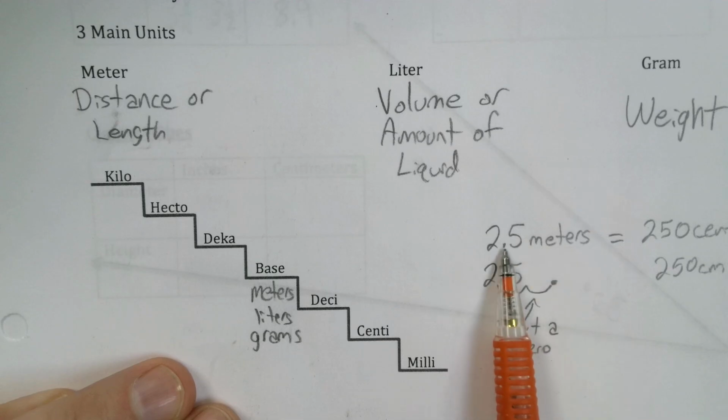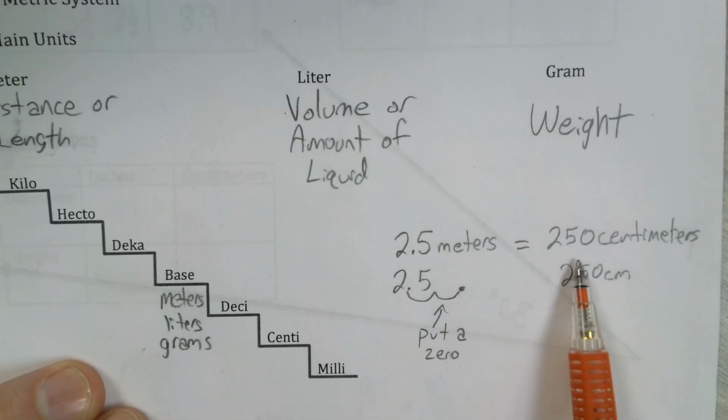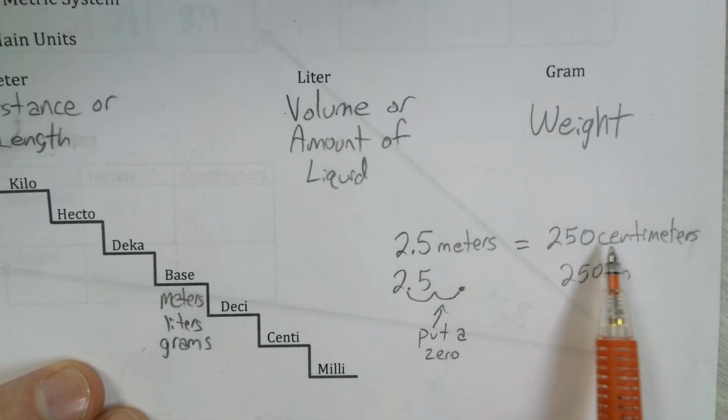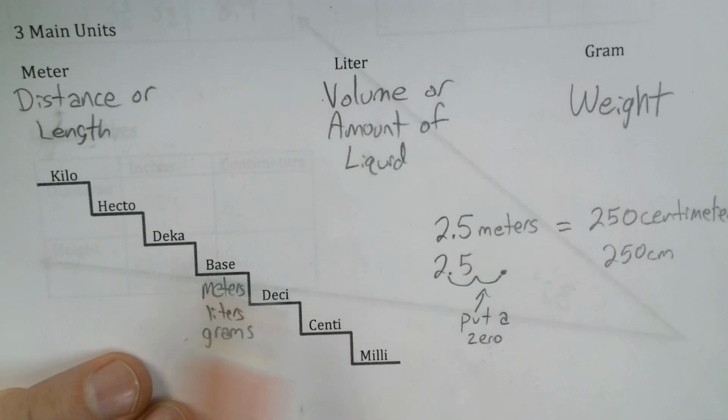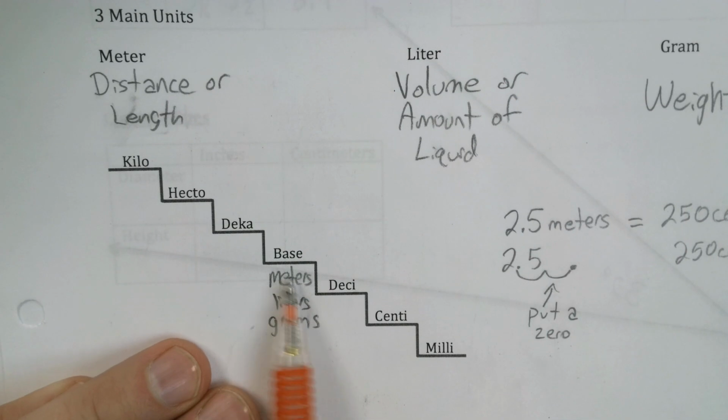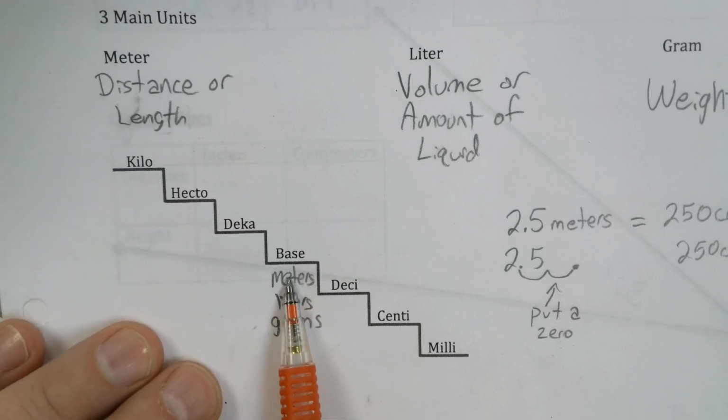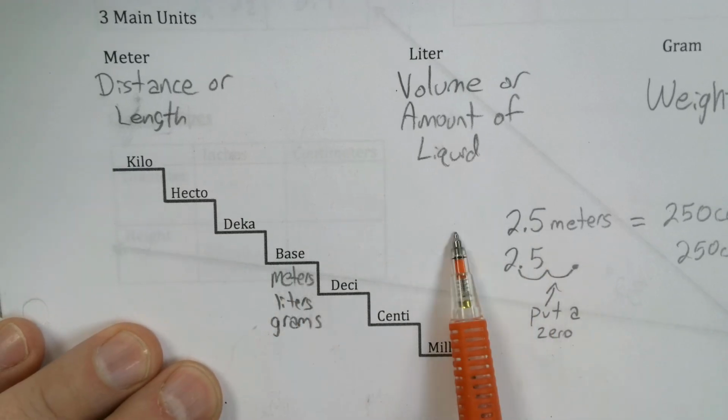So this decimal here at 2.5 moves 2 spaces to the right. If you have an empty space, you'll put a 0. And so 2.5 meters is exactly the same as 250 centimeters. So converting from one unit to the other is super easy to do. And that works in either direction. So if I went meters to kilometers, I would have to move 3 times to the left and once again fill the empty spaces with zeros.